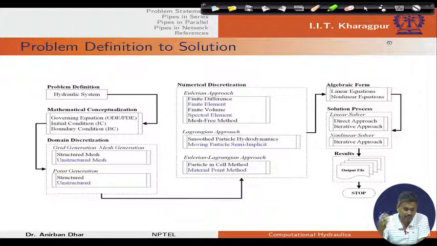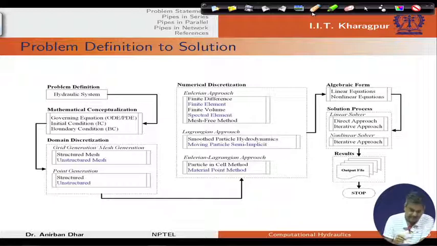If we see our problem definition to solution, this is the whole structure of our course. We have discharge condition Q in this particular case, and it is varying with pipes.